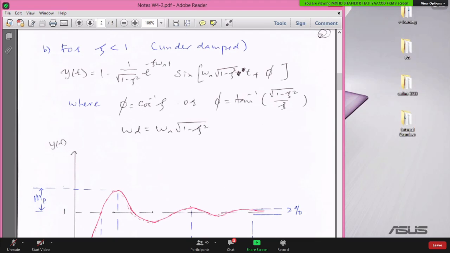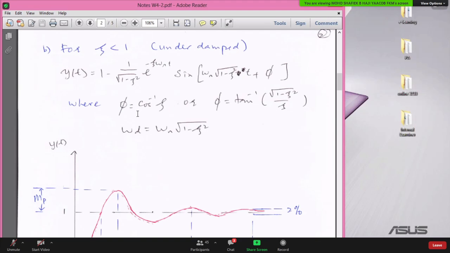It's going to give you the same thing. And the frequency of oscillation now, instead of just omega n, is this omega d. Omega d is the actual frequency of oscillation. Omega n is known as the undamped natural frequency, or just the natural frequency. So this is the solution when zeta is less than 1.